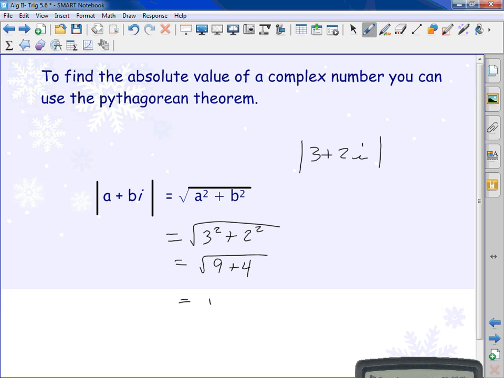Put it together. Do you know the square root of 13? Can I simplify it? Then I'm done. That's what it is. That's the absolute value of a complex number. It's just the real number squared plus the imaginary number squared, and the square root of it.